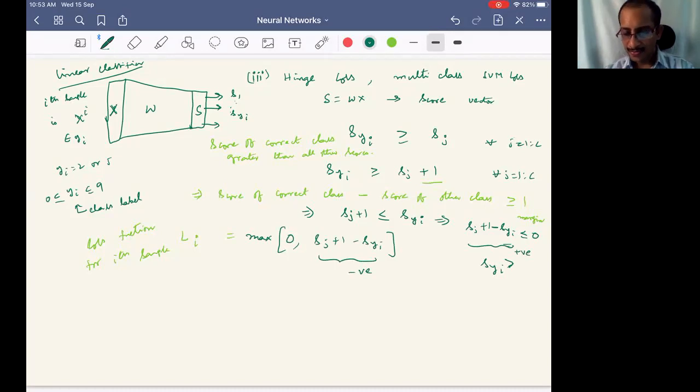So if this is positive, then this essentially leads to loss. If it is negative, there is no issue. But if it is positive, that leads to loss. Correct? And this loss has to be minimized.